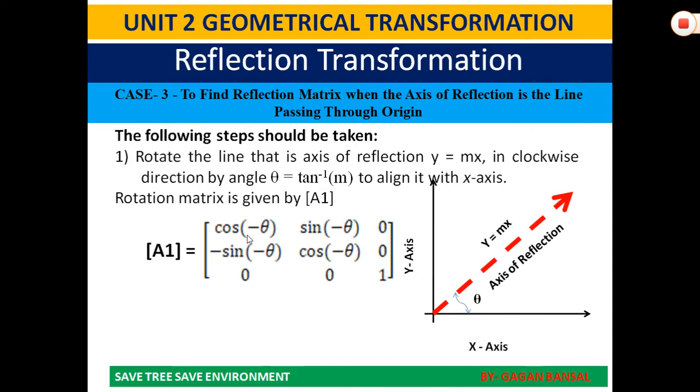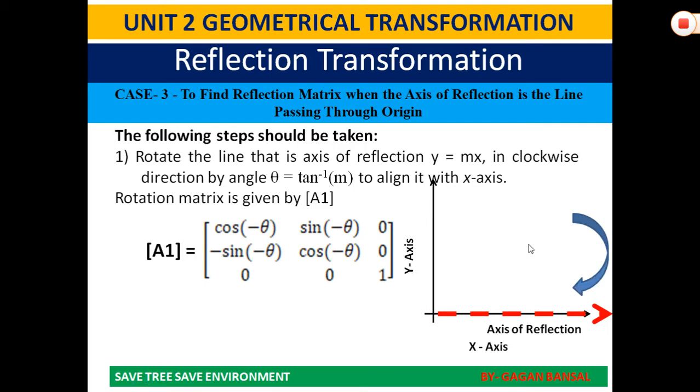As in the previous video on rotation about the z axis, it was cos theta, sin theta, 0, minus sin theta, cos theta, 0, 0, 0, 1, with minus theta substituted here, because it is in clockwise direction.